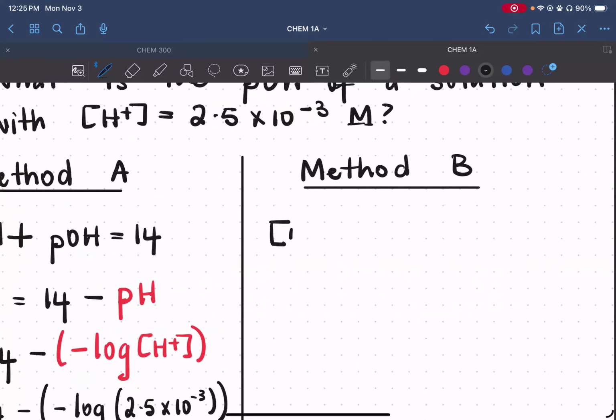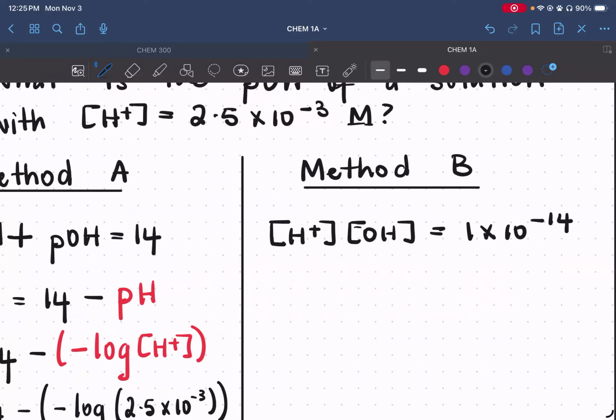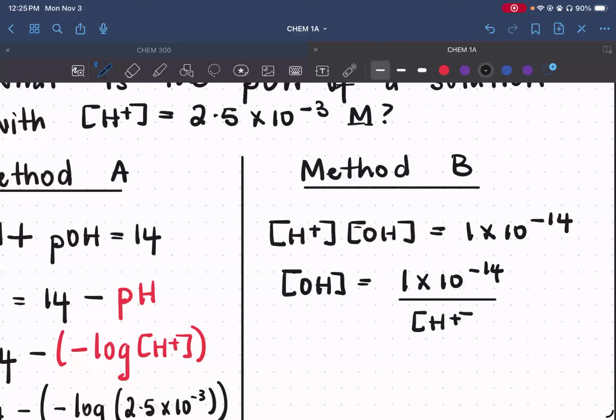one of the equations we know is that the product between the H plus and the OH concentration is equal to 1 times 10 to the negative 14. We can say that the OH concentration is equal to that 1 times 10 to the negative 14 divided by the H plus concentration.